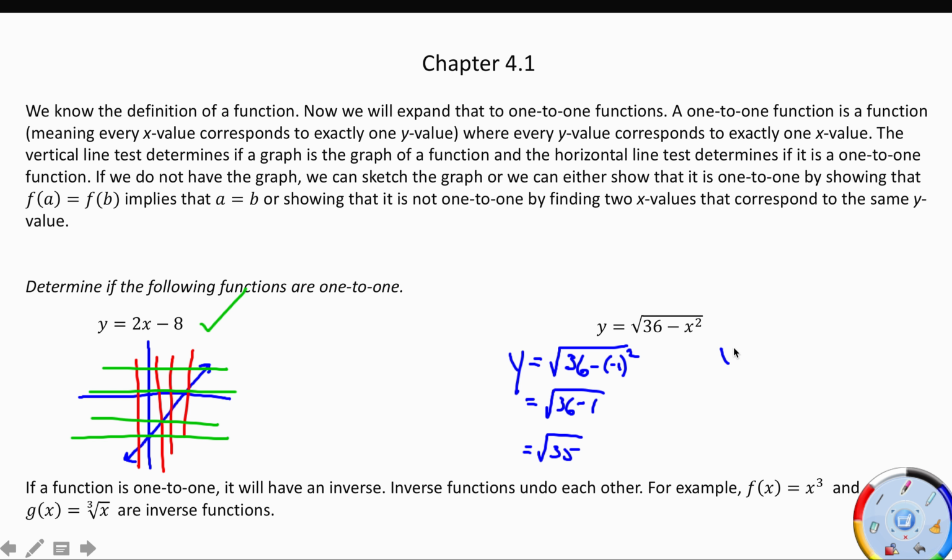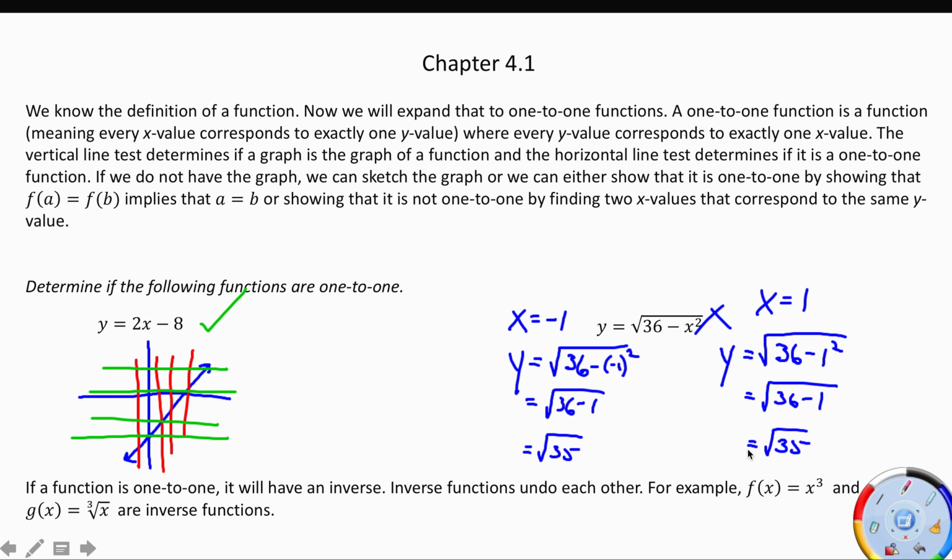That is exactly the same thing I get if I just let x equal +1. So, no, it's not one-to-one, because if x equals -1, y is square root of 35. If x equals +1, y is square root of 35. Not a one-to-one function.